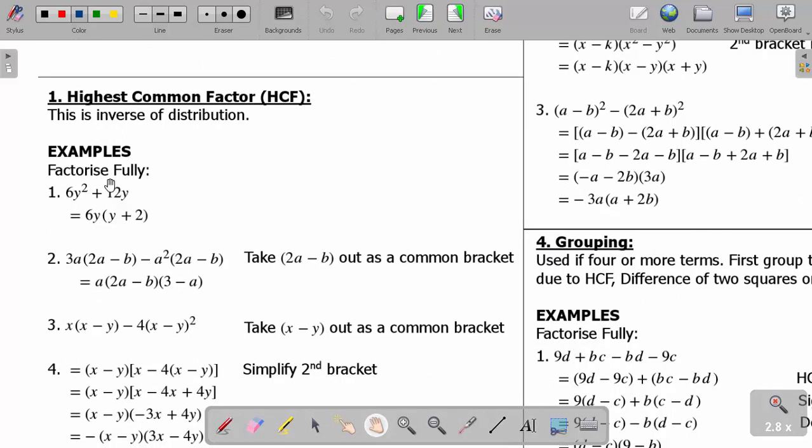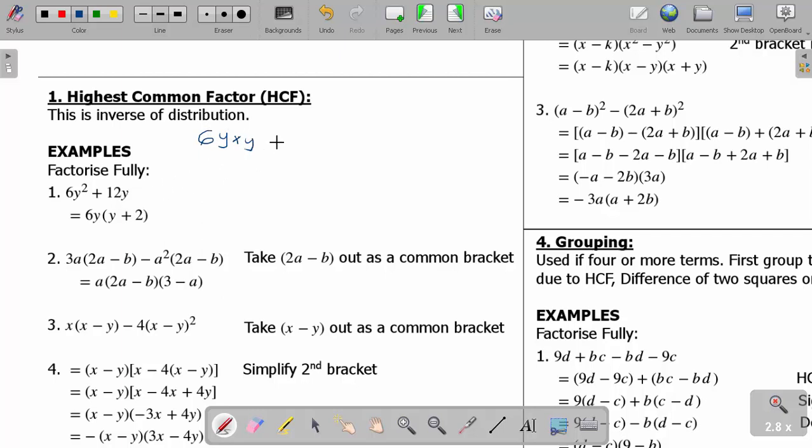For example, they say factorize fully here. You see this is 6y squared plus 12y. Now I can write 6y squared as 6y multiplied by y. What about 12y?